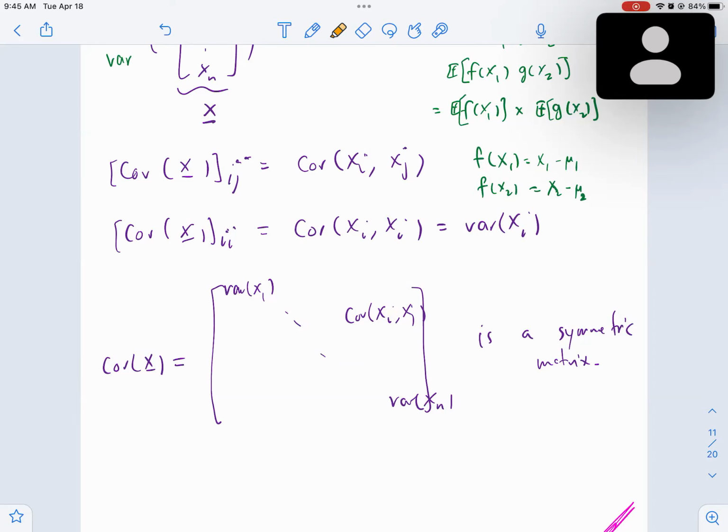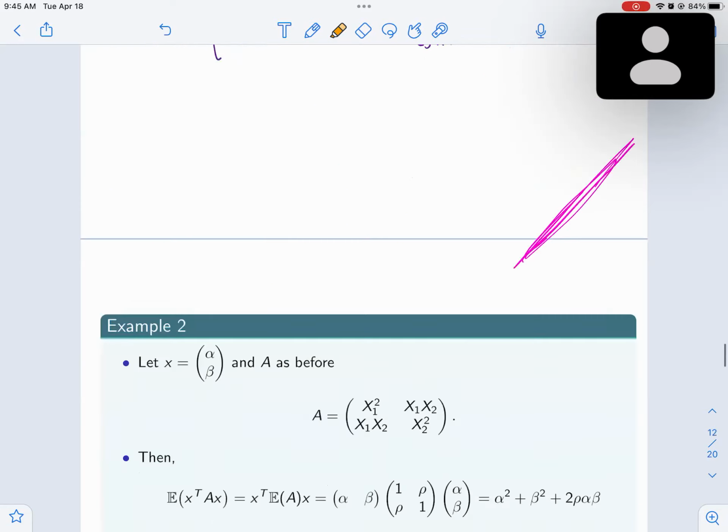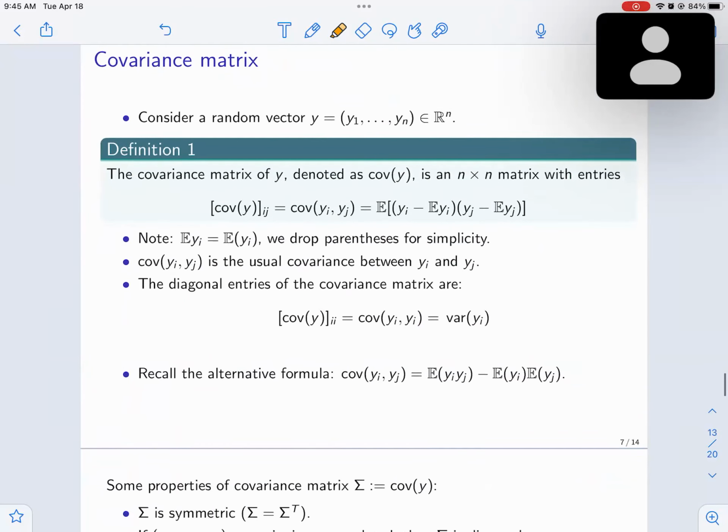Okay, so that's how far we went last time. Any questions? Okay, so these are the definitions. They're based on the y now. So the covariance matrix of y is an n by n matrix.